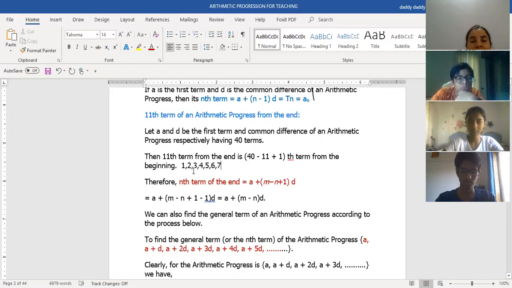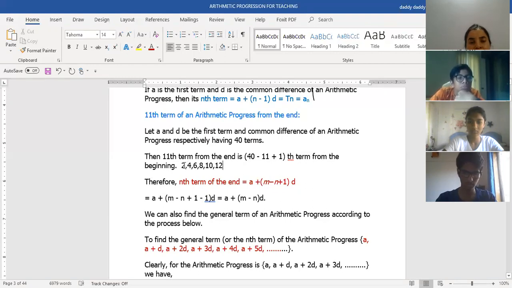Now let's try to find out, or I'll change the series so that it is not in order. So 2 comma 4 comma 6 comma 8 comma 10 comma 12. So this is my AP series.